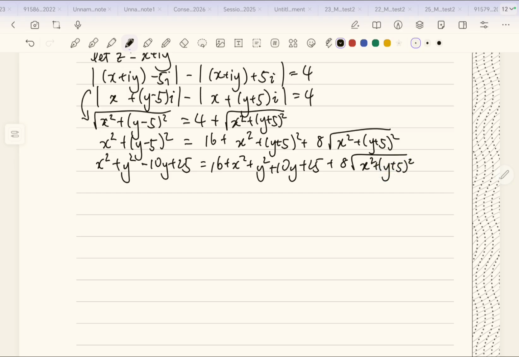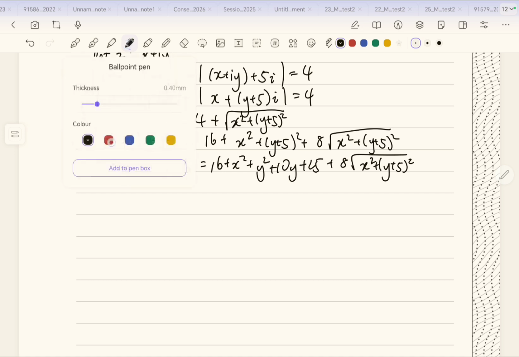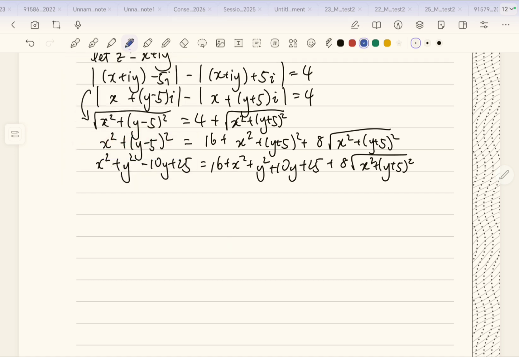Now we'll start canceling out terms, and it's very good to switch colors. If you have another pen color in the exam, very helpful. Positive x squared, positive y squared, these can go. And then we have 25, 25, these two can go as well.